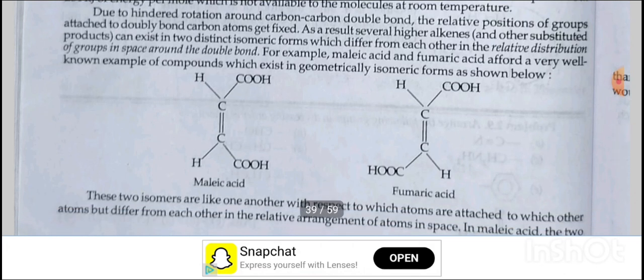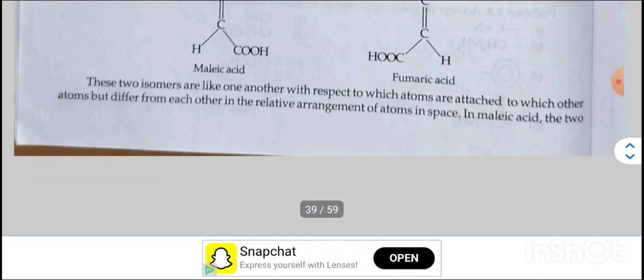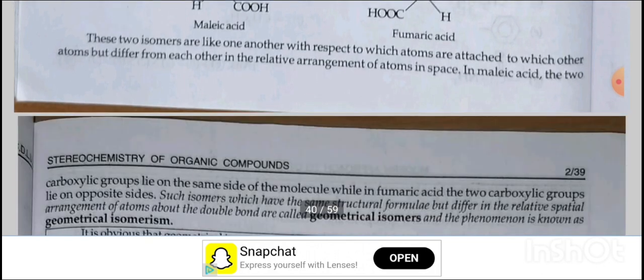For example, maleic acid and fumaric acid afford a well-known example of compounds which exhibit geometrical isomerism, as shown below. These two isomers are alike with respect to which atoms are attached to which other atoms but different from each other in the relative arrangement of atoms in space.